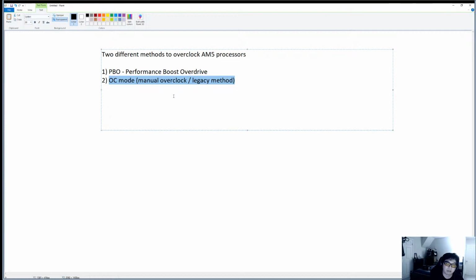What I remember in Zen 1 days was that the minute you put in a manual offset, like a positive or negative voltage offset, the early BIOSes on X370 would consider that OC mode, and it would turn off all the XFR and the PBO and all that stuff.